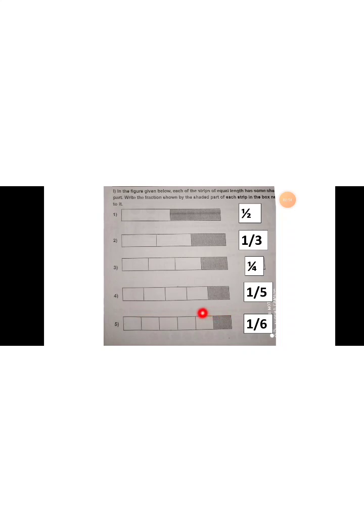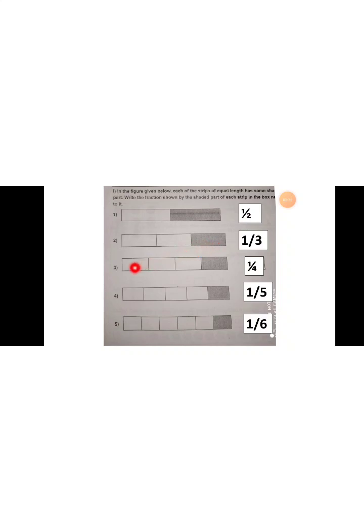That means as many parts you make, each part becomes smaller, smaller and smaller. So the more number of parts, the smaller the piece.